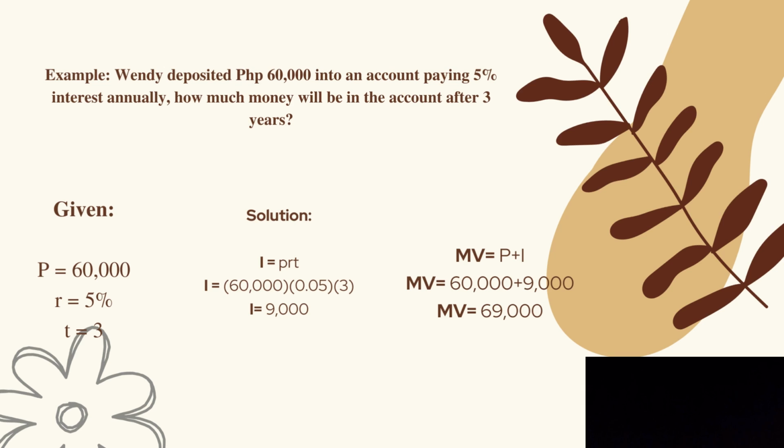And to get the maturity value, you have to add the principal amount to the interest we got earlier, which is 9,000. So, 60,000 plus 9,000 equals 69,000. And yeah, 69,000 is the final answer.